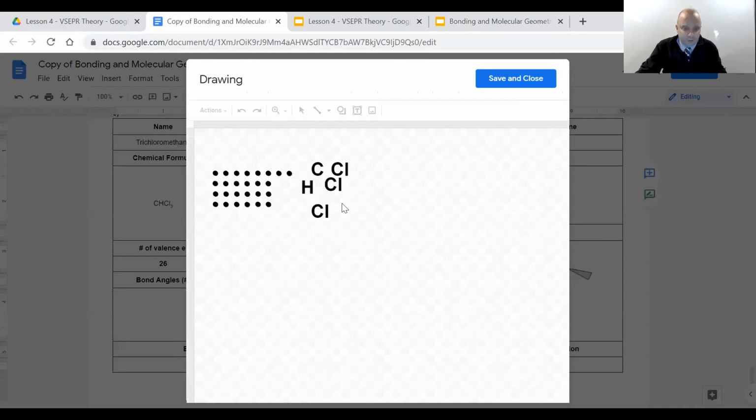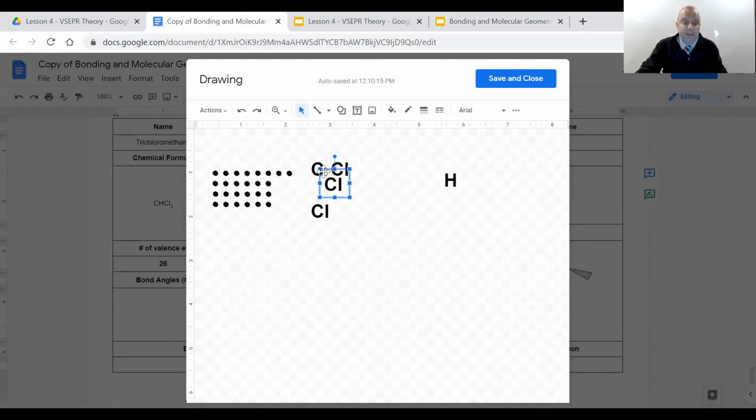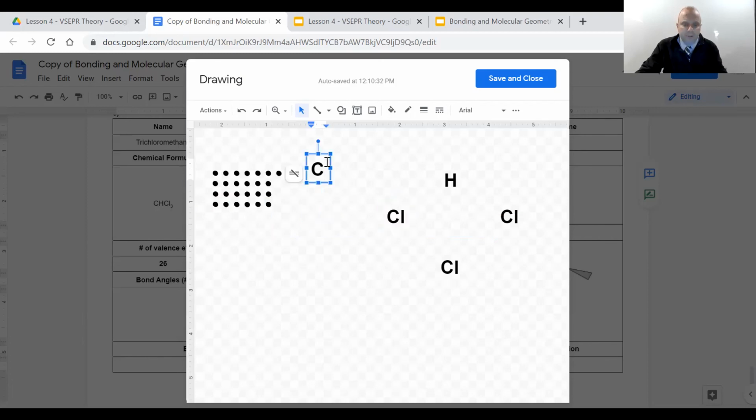So now let's make our picture. Okay, so hydrogen will not go in the center. Instead, the less electronegative carbon will go in the center, and our chlorines will go around it, top, bottom, left, and right for all of these. So there we go, and then we'll go ahead and put our carbon in the center.